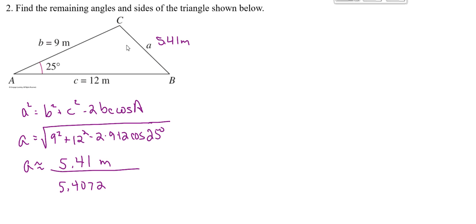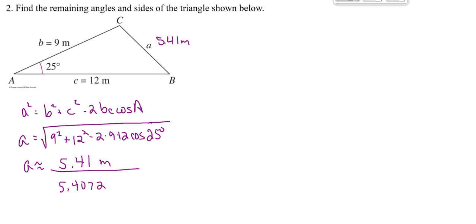Now I can use the law of sines, but I have to think about the fact that that side and angle that I know are not the largest one as we go. And so we want to look at this in a very careful way. So let's proceed by using the law of sines and see what happens.